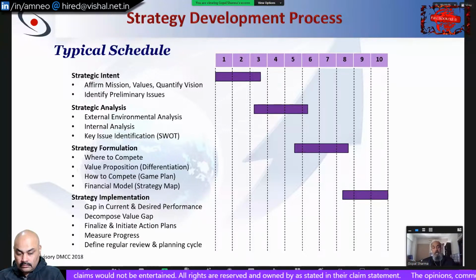Those will help us in bridging the gap between the desired performance and the current level of performance. So this is the typical schedule. This is broadly what actions need to be taken for development and implementation of the strategy.